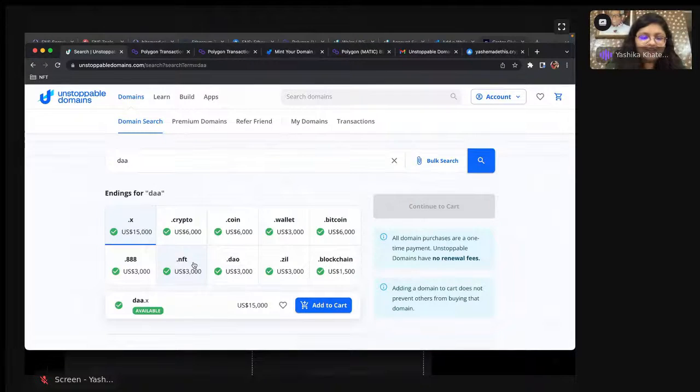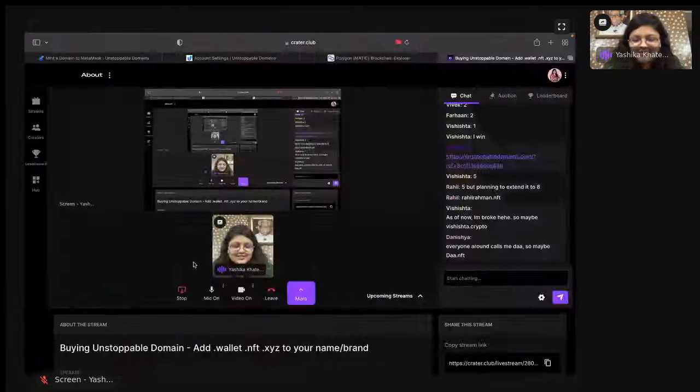See, DAA.nft is $3,000, Danish. Would you want to spend that amount? I'm looking forward to understanding if you would want to spend $3,000, which is close to 2 to 2.5 lakh rupees. Would you want to spend that much to buy this?